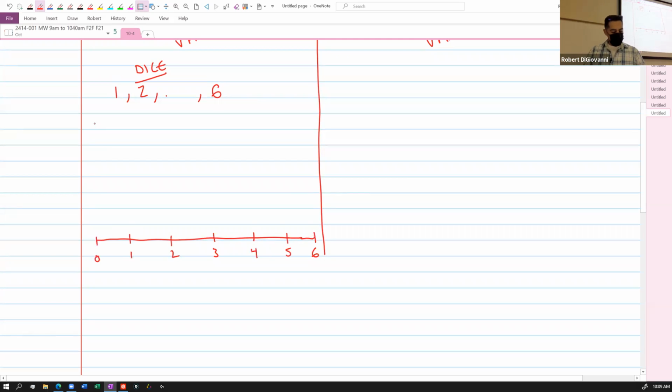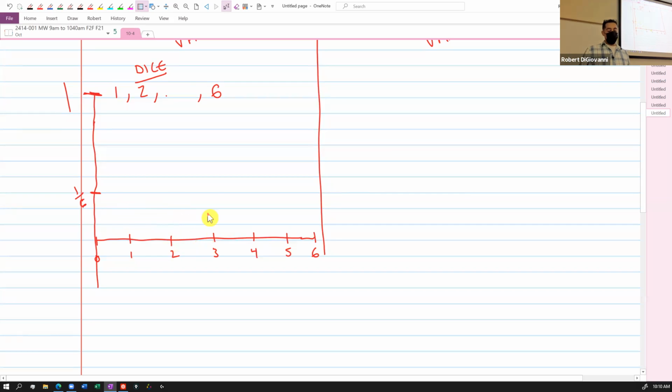On the y-axis, you put the probability of each outcome. So what is the probability of getting a 1? 1 out of 6, right? 1/6. So I'm going to measure up, the height of this is going to be 1/6. So the probability of getting 1 is 1/6.